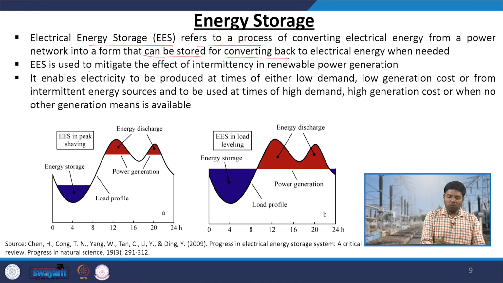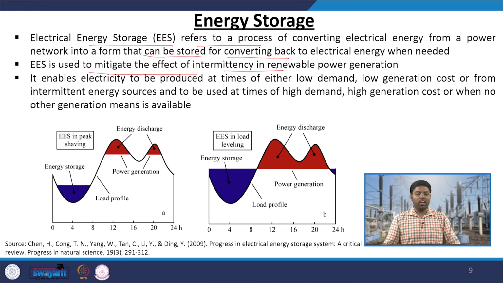Okay. So, that is mostly used to mitigate the intermittency of renewable energy generation, because your solar and the wind are highly intermittent. So, to reduce that intermittency, you can use storage technology. That means, let us say your solar power generation is very high, but your load is not that high. So, that excess or surplus solar energy, other than operating deviated from your MPPT level, which means you are losing your cheaper energy or your good energy, you can store in your storage.